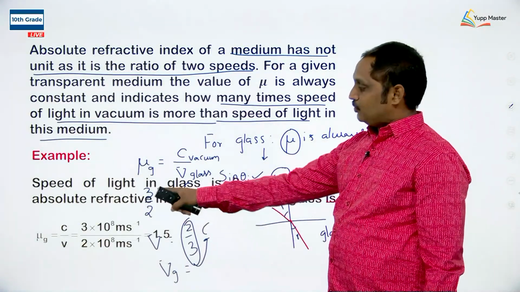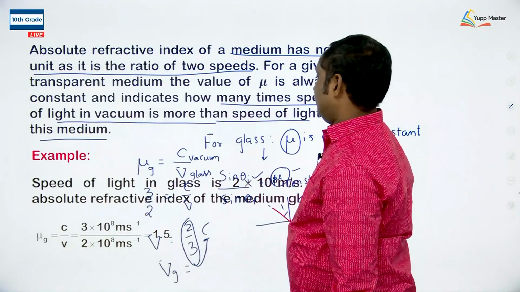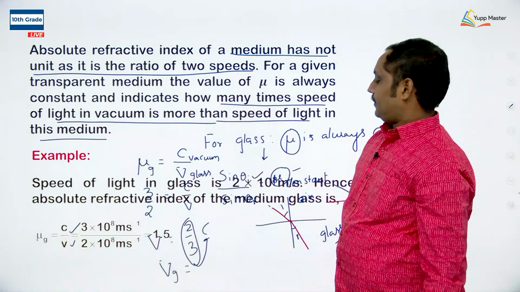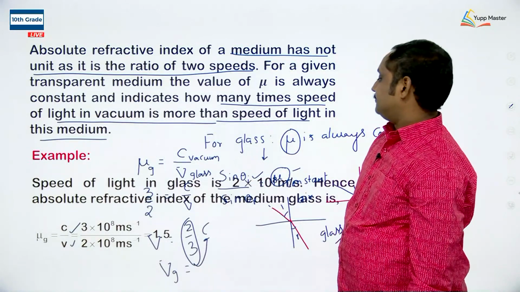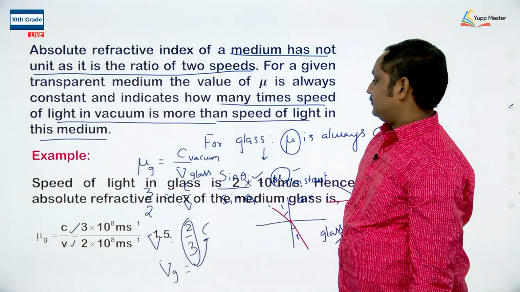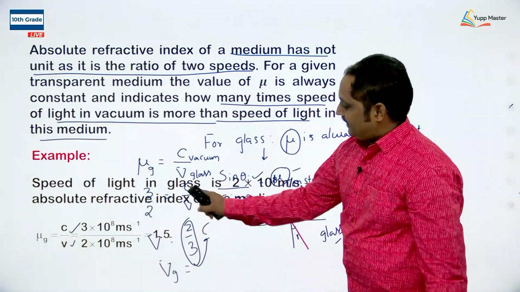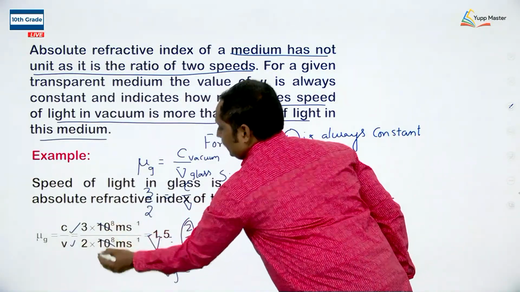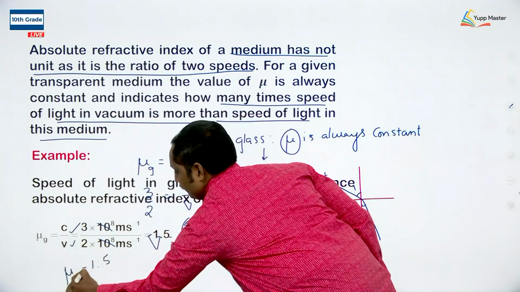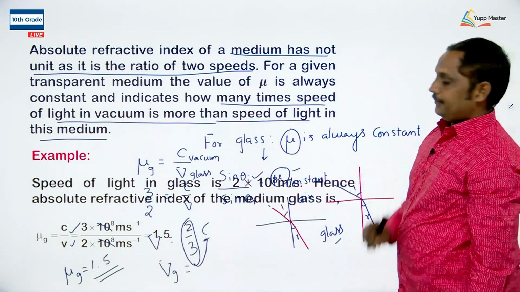Mu glass is equal to 3 by 2, that is C by V. If you look into that matter, easily you will find out that mu G is equal to 1.5. This is the option what we are going to take.